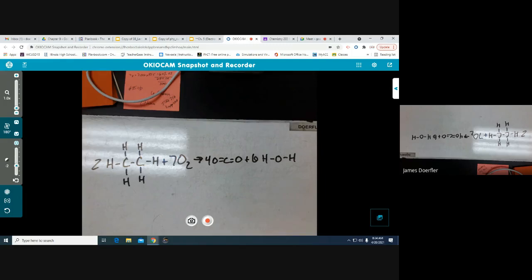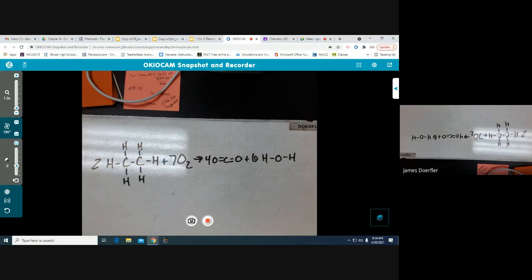Now, you could create the Lewis structure equation like we see here for that first one, and do it one at a time like we saw with the first one. But for me, the problem is if you miss a bond that breaks or a bond that forms, your calculations aren't going to be correct.